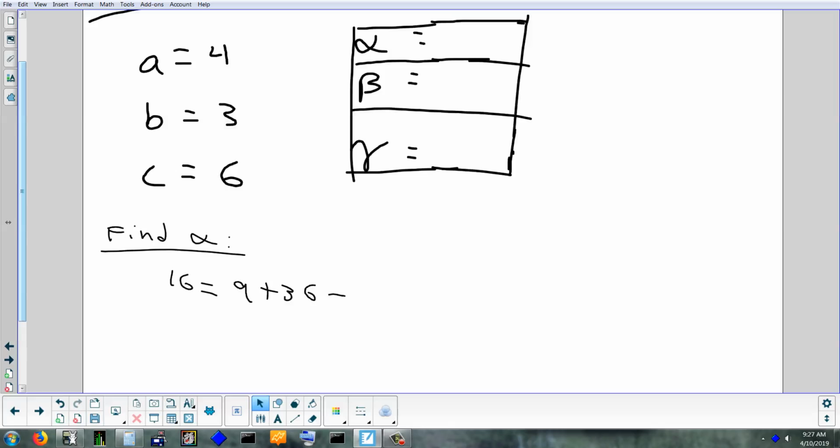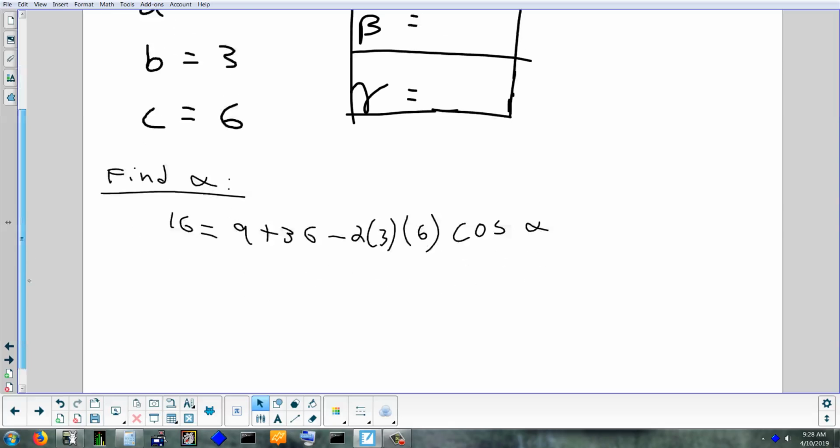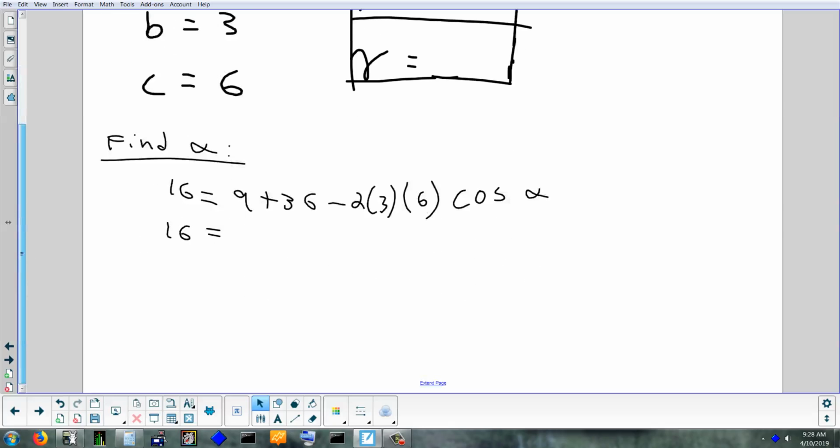Minus 2 times 3 times 6. I could have just done that as I went if I wanted, but we'll do it after. And then cosine alpha. Okay, so we get 16 equals 45 minus, what's 2 times 3 times 6? 36. Yep, 36.